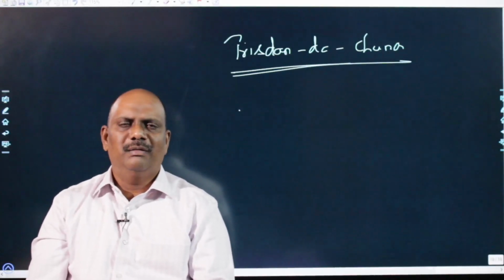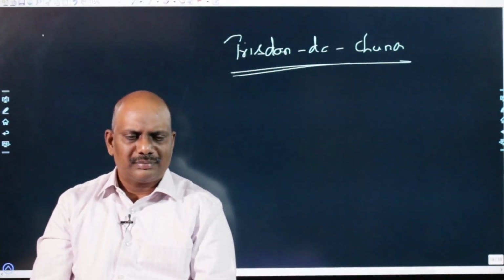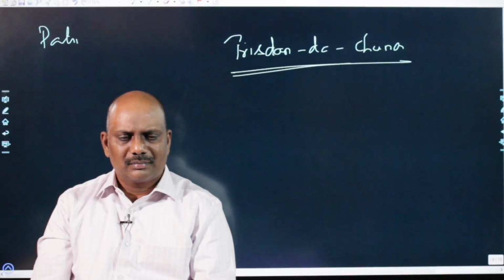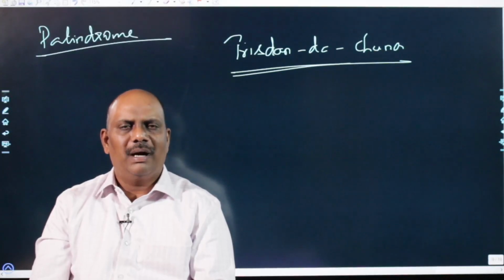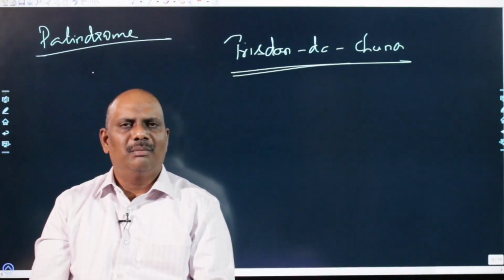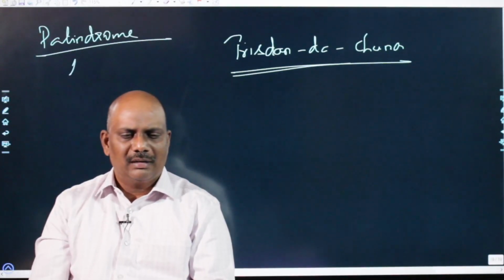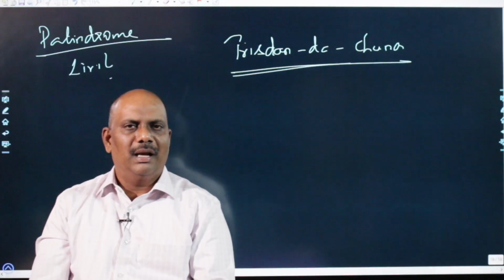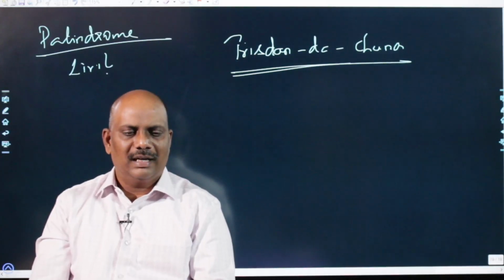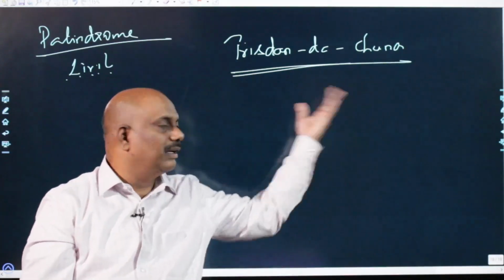Napoleon Bonaparte gave the very famous palindrome. I hope guys you know what a palindrome means. Malayalam is a palindrome. Liril is a palindrome. That means if you reverse it also, the same thing will come.